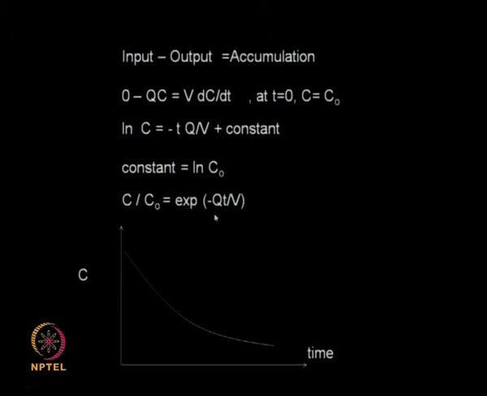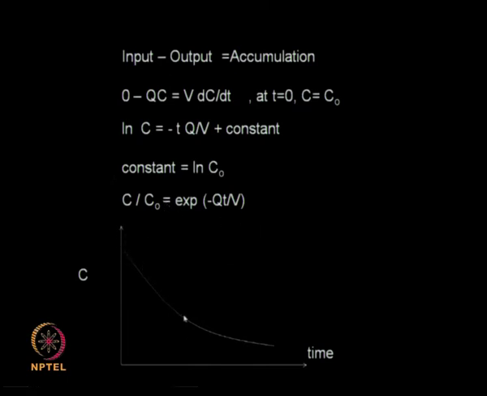Q is the volumetric flow rate of the solvent that is flowing in, t is the time, and V is the volume.